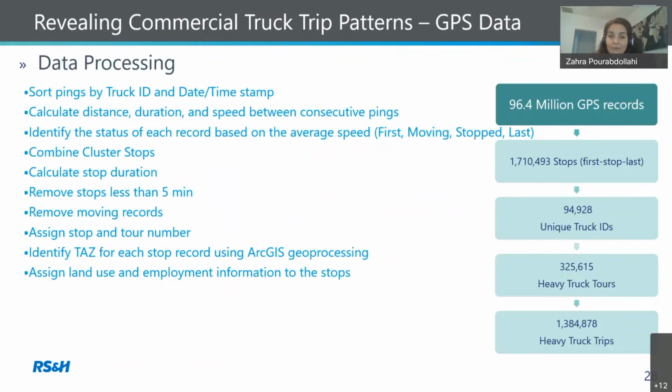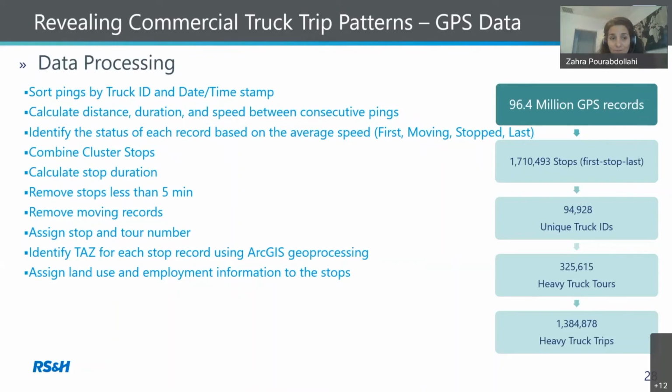Then, using the timestamp and latitude and longitude of each record, the distance, duration, and speed between the 2 records were calculated. These were used to identify the first record for each truck ID, the records that show a movement, the records that show a stopped record, and the last record for each truck.